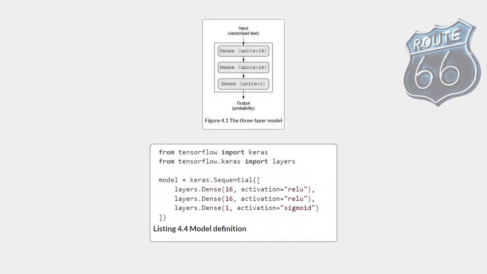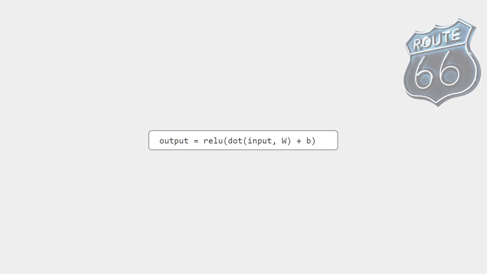Figure 4.1 shows what the model looks like, and the following listing shows the Keras implementation, similar to the MNIST example you saw previously. The first argument being passed to each Dense layer is the number of units in the layer, the dimensionality of the representation space of the layer.